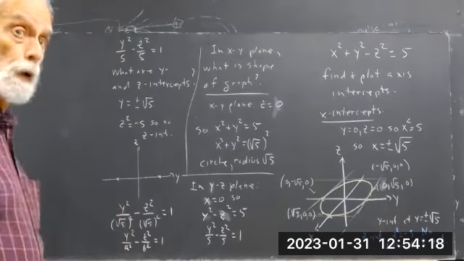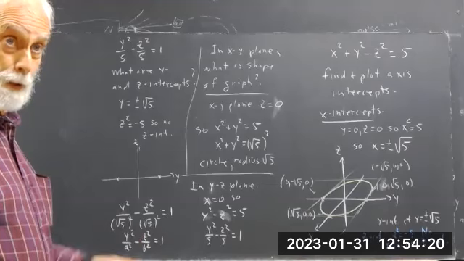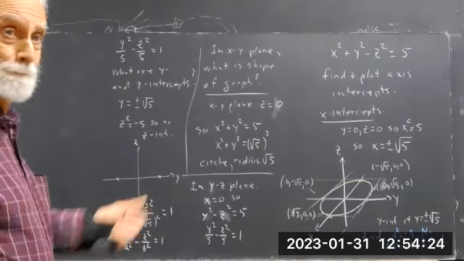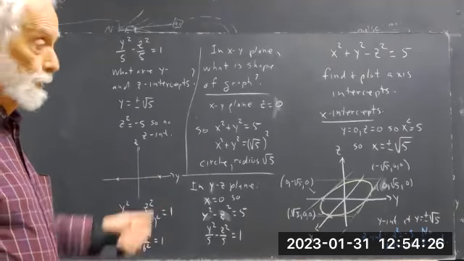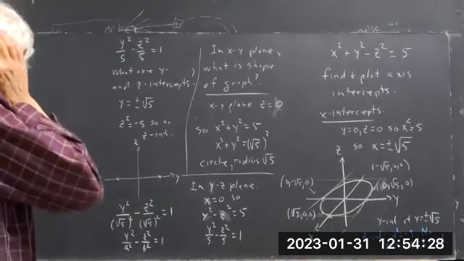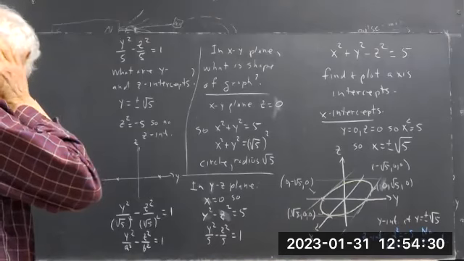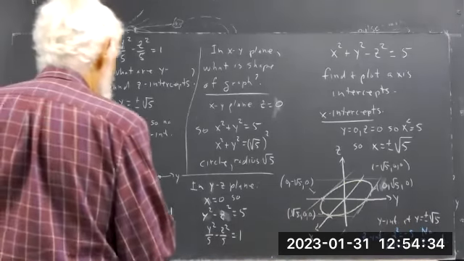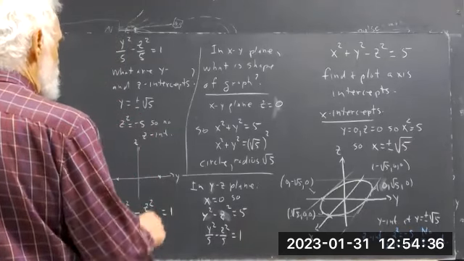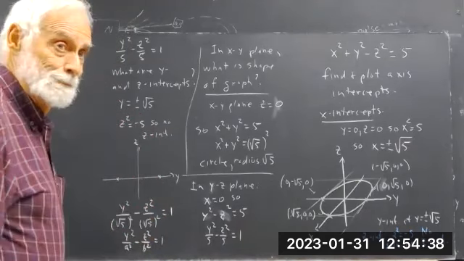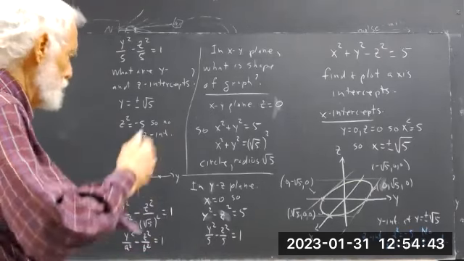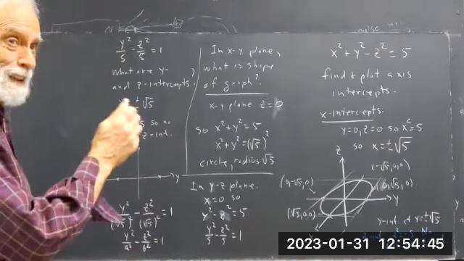Now, you should know a lot more about conic sections than just what I'm telling you. You know about foci, asymptotes, intercepts and all that stuff. But what you do is you draw a rectangle, 2a by 2b.